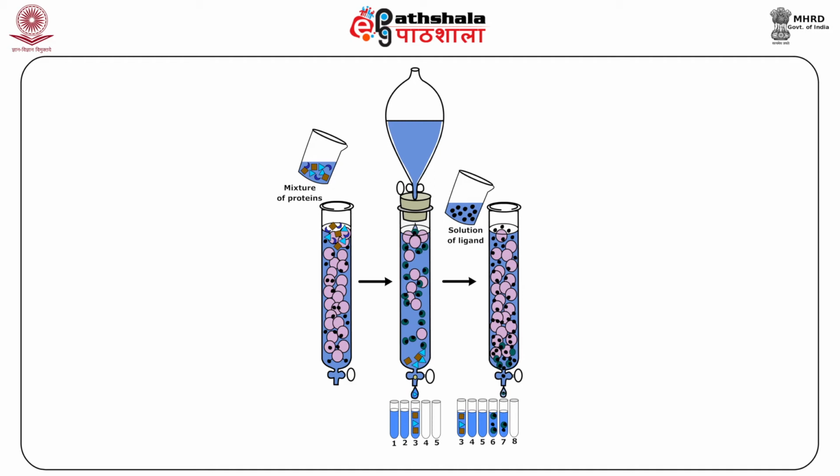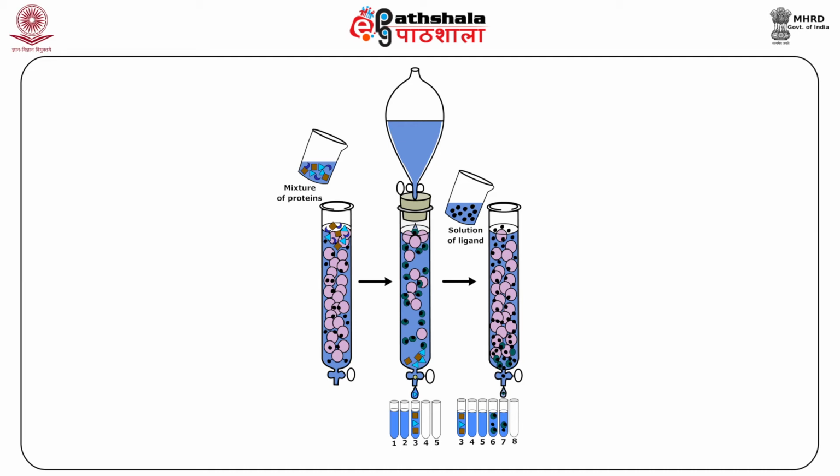The enzyme of interest with affinity for the ligand binds to it, while others do not have this affinity, so they just come in the flow through. Then a higher concentration of free ligand is added onto the column, and because of the competition, the enzyme is going to bind to the free ligand and get eluted out.